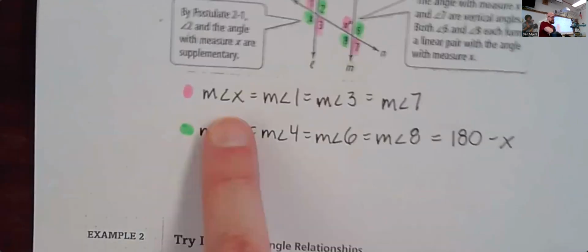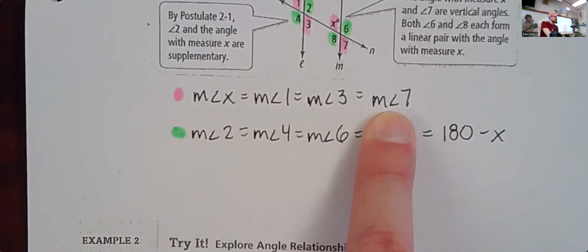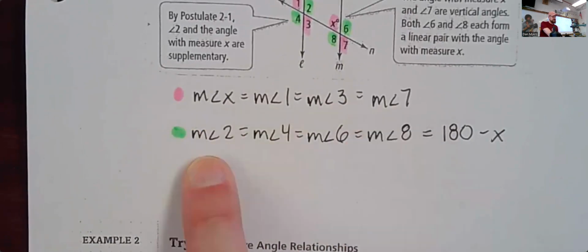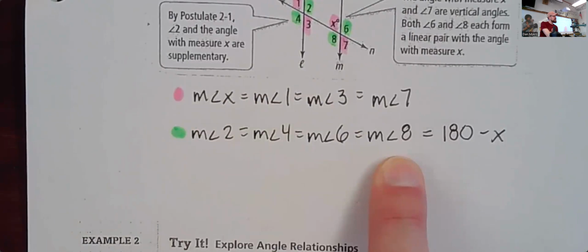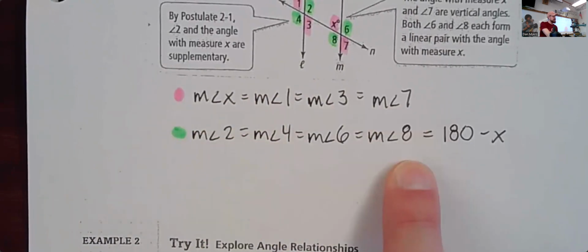So let's say the measure of angle x is 60. How about that? That one's 60, that one's 60, 60, and 60. Okay. How many degrees would these be? If these are all 60, those are all what?